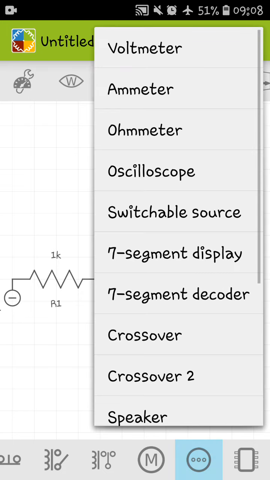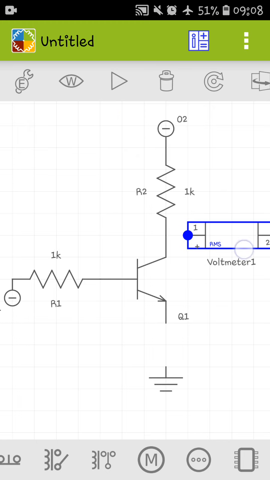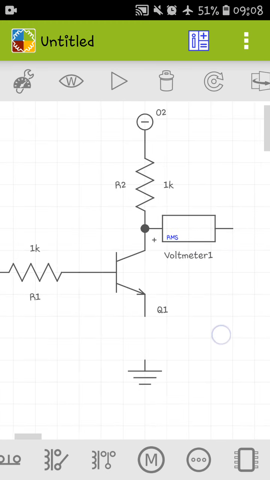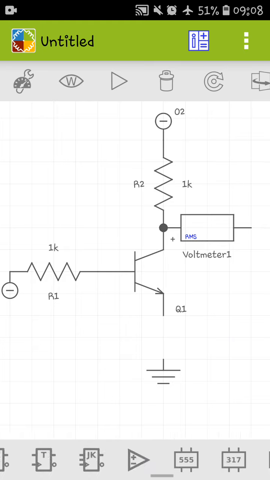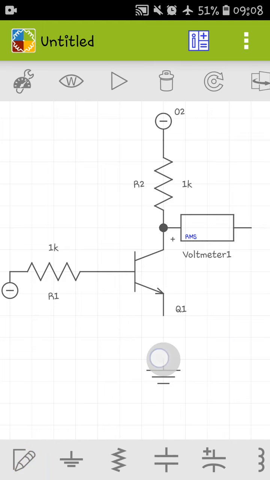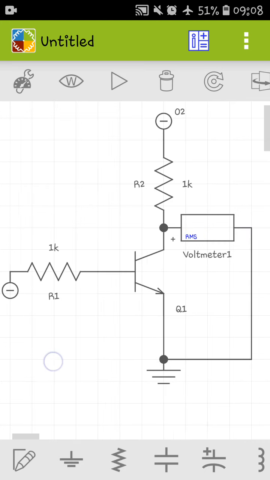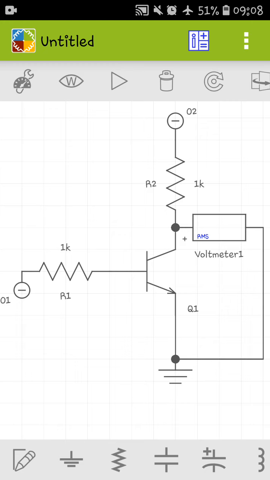We also need a voltmeter to measure the output voltage. So this is the voltmeter, and we now connect these two terminals. Now we have to find out the appropriate values of these two resistors.